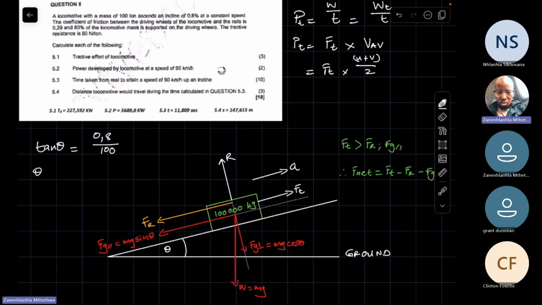So theta is the arctan of 0.8 divided by 100, which is 0.458 degrees. So that is how you would get the angle of incline.